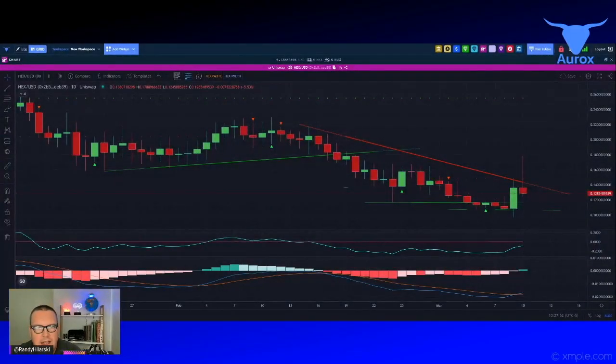All right, so first thing I'm going to do is pull up my Aurochs indicators and show you what's going on. Go over to terminal. Okay, so this is my Aurochs terminal.